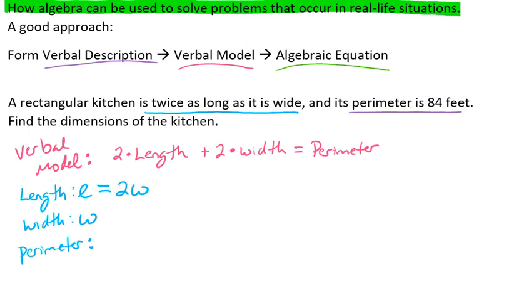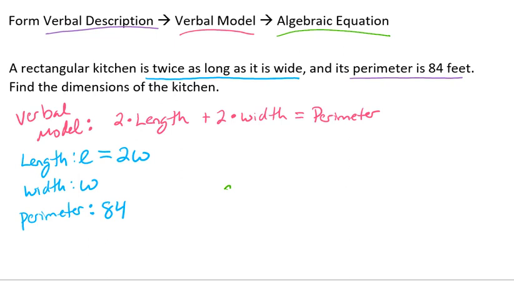So let's think of this equation because we know our perimeter is 84 feet. Let's try that again: 2 times the length plus 2 times the width equals our perimeter.